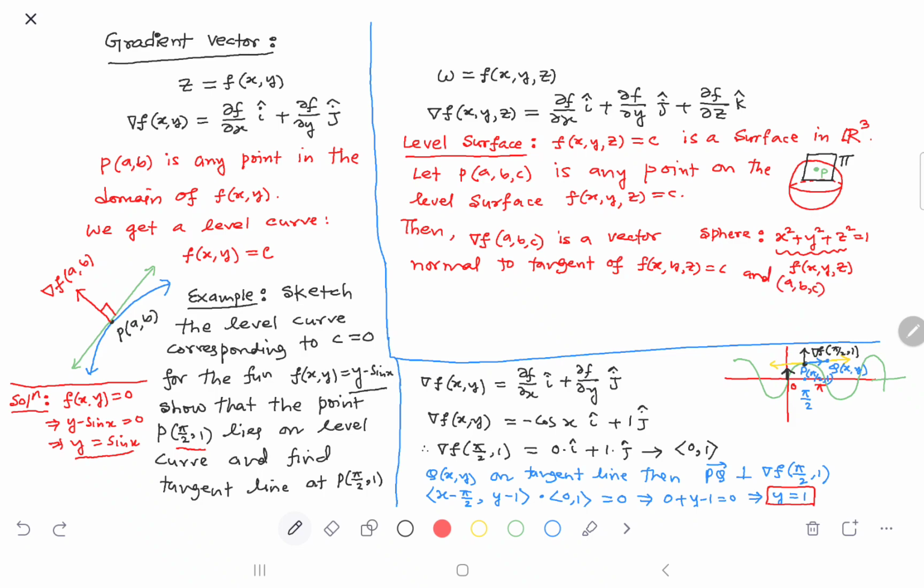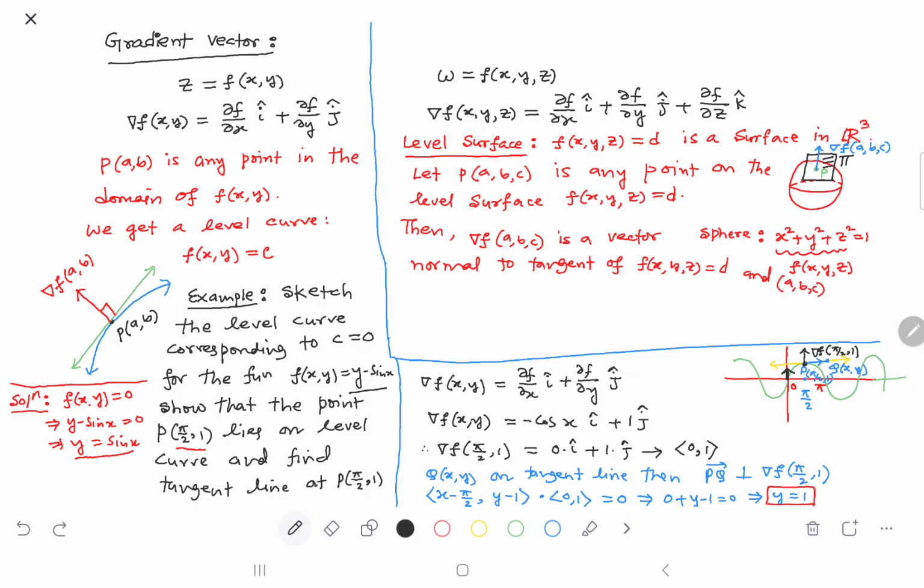Oh, sorry, let me put d here, because otherwise I'm using c twice. So this is, let's say, d. In this case the gradient will be a vector which is normal to the tangent plane. Is it clear?